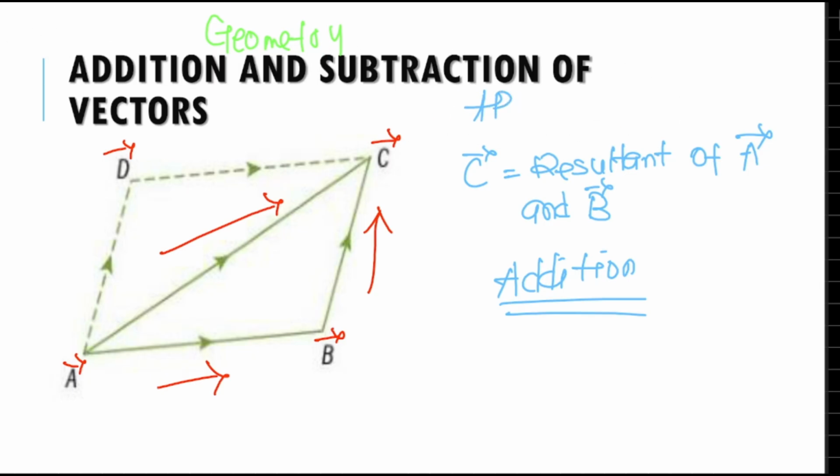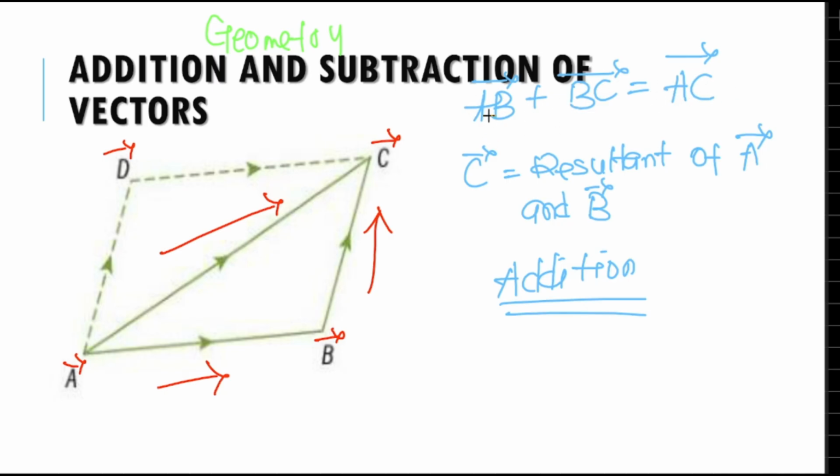So this is AB plus BC equals AC. Remember how we are taking a vector. Direction goes from A to B, so that is AB. The second direction goes from B to C, that is BC. And then the resultant, the arrow started from A and goes towards C, that is AC.